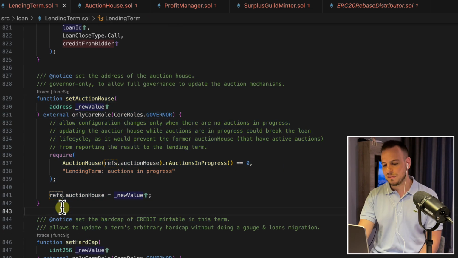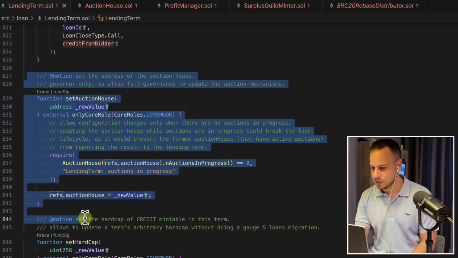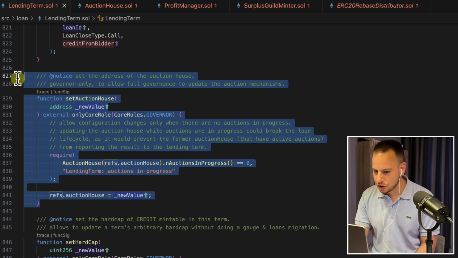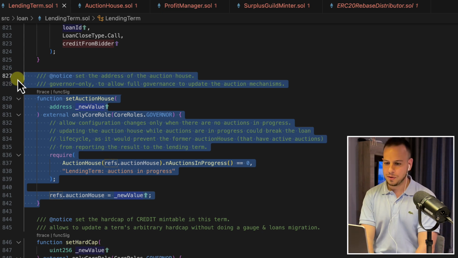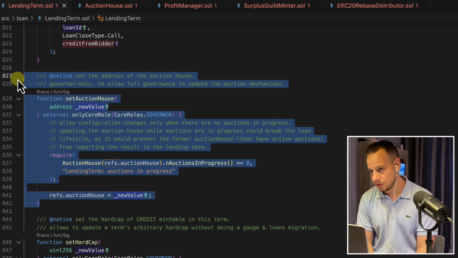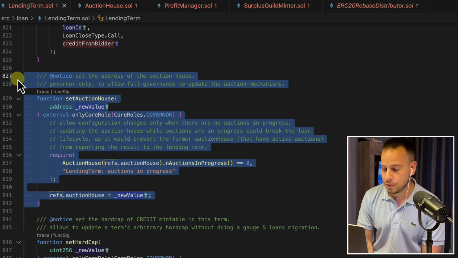But it's kind of like you break some functionality of the protocol if you make this mistake. But again, you will have to replace the lending term. Yeah, you can do that because you can just deprecate this lending term and deploy and onboard a new one with a new implementation, right?